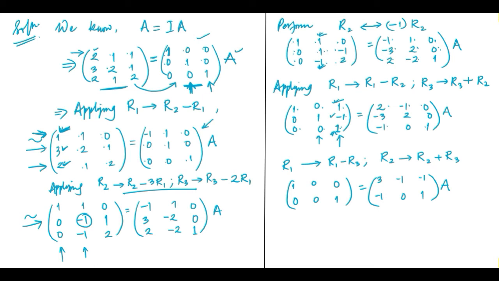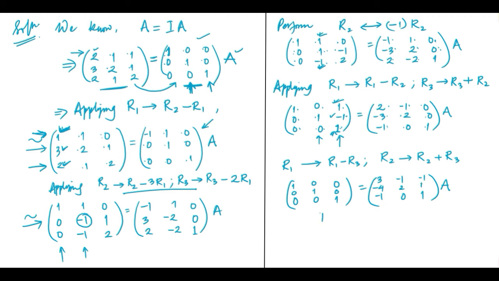Next R2 plus R3: 0 plus 0 0, 1 plus 0 1, minus 1 plus 1 0, minus 3 minus 1 minus 4, 2 plus 0 2, 0 plus 1 1.